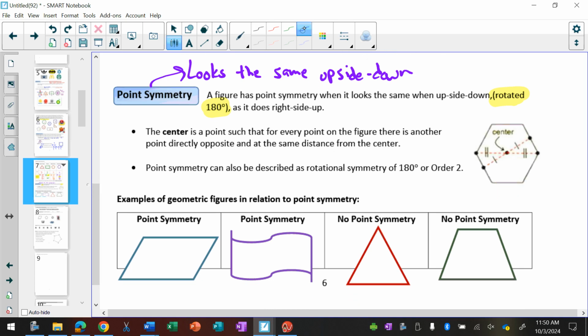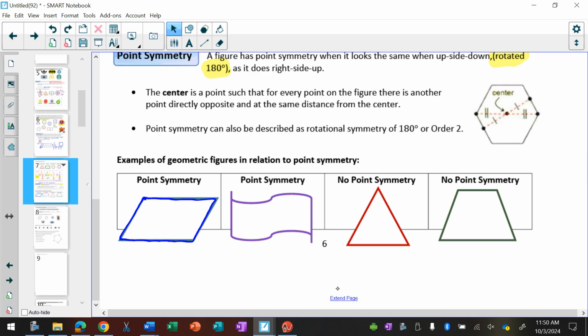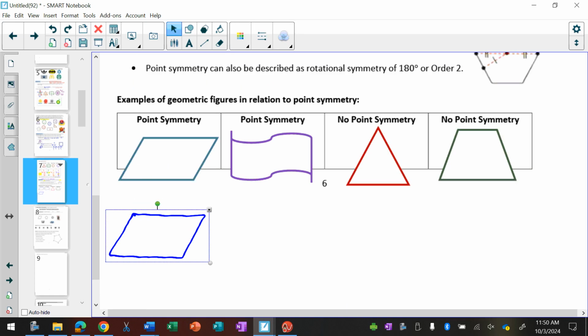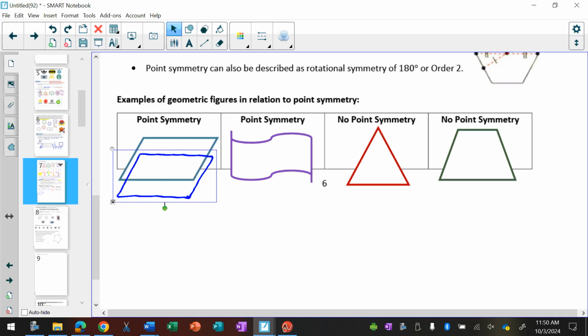Are the corners pointing in the correct direction? So if I trace this parallelogram, and then I can take it and spin it 180 degrees, you can see that it maps back onto itself.